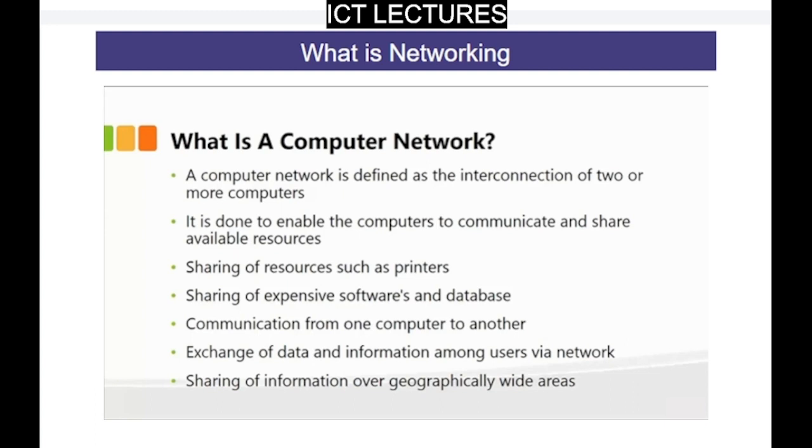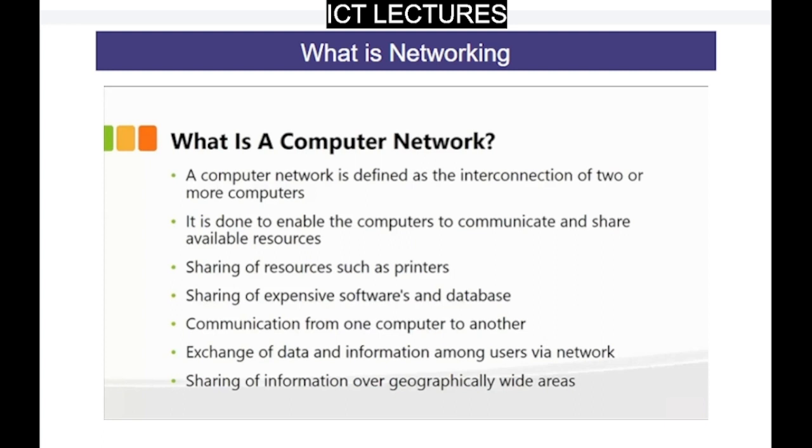Communication from one computer to another. The exchange of data and information among users via the network. So a good example is email. You send out an email, it goes from your mobile device, your laptop, your personal computer, for example, to someone else's computer, laptop, and mobile device.